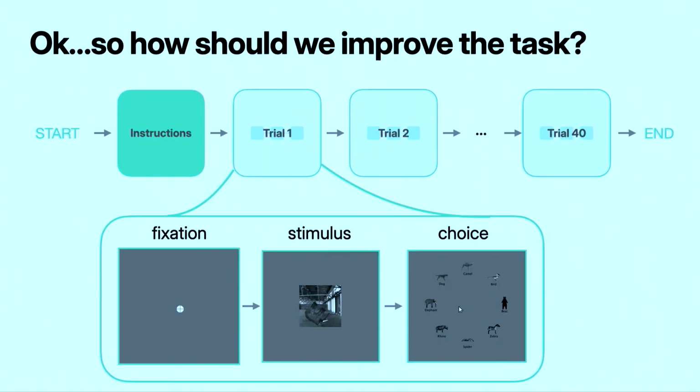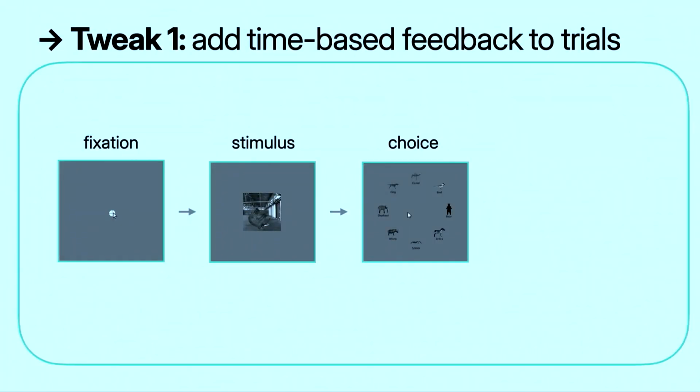Okay, so going back to our original task design, what should we actually do at this point to make things better? The first tweak is really simple, and it's just to add some feedback. It happens to be the case that in this task, there's always a correct answer that's normatively defined. Here it's obviously the elephant, and we as the experimenter know ahead of time what the correct answer is.